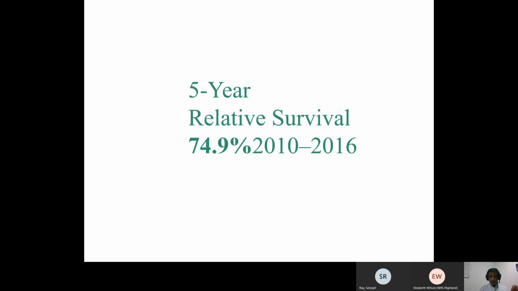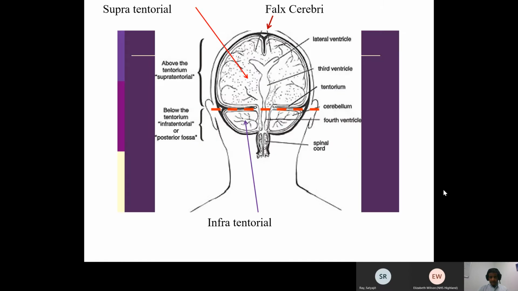But what's good about brain tumor is the survival rate has dramatically improved over the years. It used to be around 10% to 20% 25 years ago, and now it's 74.9%, and it continues to increase recently. Which is really good, considering how malignant some of these tumors are.